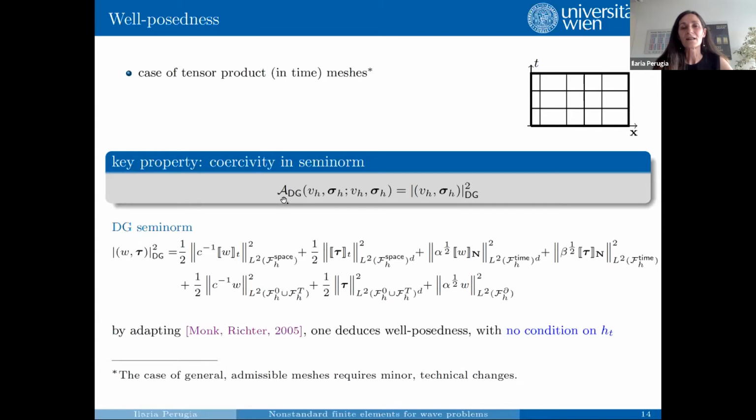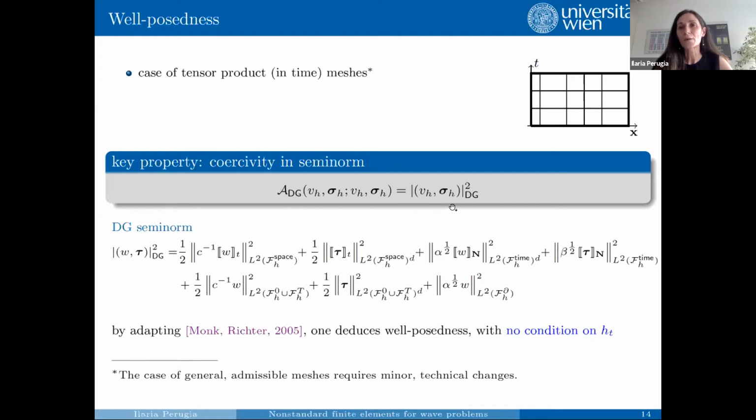What is valid, in a simple case, but this can be generalized quite easily, is that if you take test functions equal to trial functions, your bilinear form defining your method is equal to the square of this DG semi-norm.